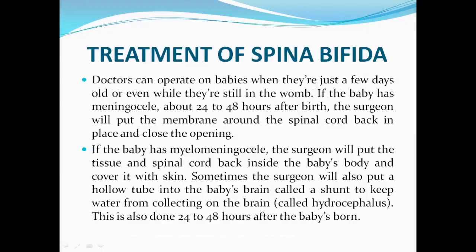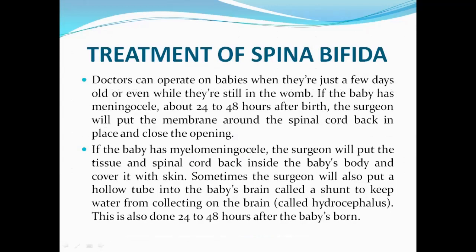Coming to the treatment of spina bifida, doctors can operate on the babies when they are just a few days old or even while they are still in the womb. If the baby has meningocele, about 24 to 48 hours after birth, the surgeon will put the membrane around the spinal cord back in place and close the opening.